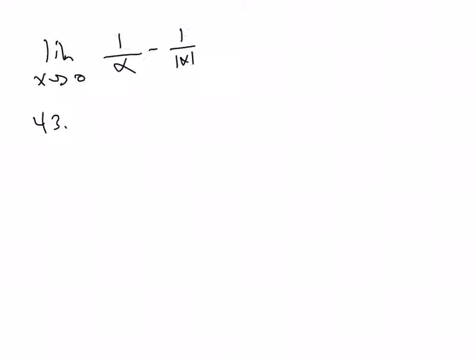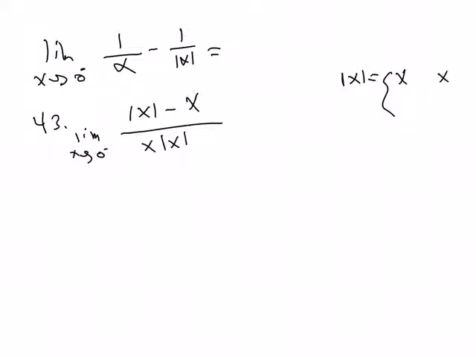So let's do it from the left first, and let's find the common denominator. So this is going to be equal to the absolute value of x minus x over x times the absolute value of x. And now we're taking the limit as x comes from the left. So when we're from the left, x is less than 0, and remember the absolute value of x is defined as x if x is greater or equal to 0, and negative x if x is less than 0.